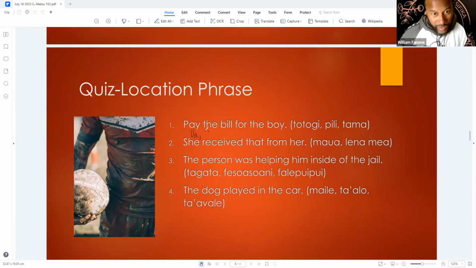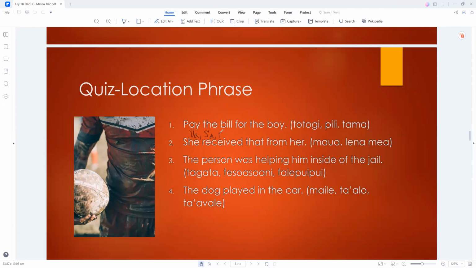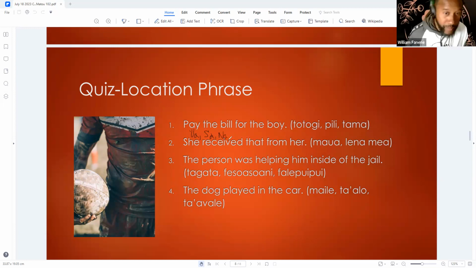Depending on how everything is stated, it could be any of them. Most of the time these are all contextual, so they can be interchangeable depending on the context. If it's a past tense, it could be sa or na. And if it's something that just happened recently, you're giving somebody an update, it's always going to be ua. So ua, na, or sa, whichever one.